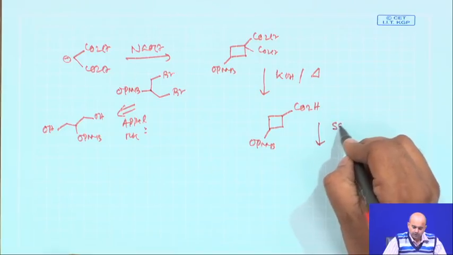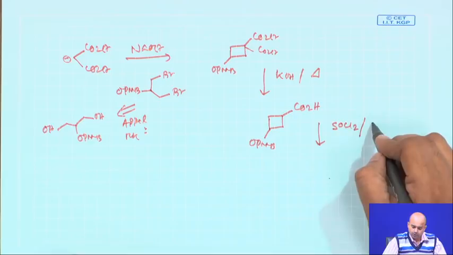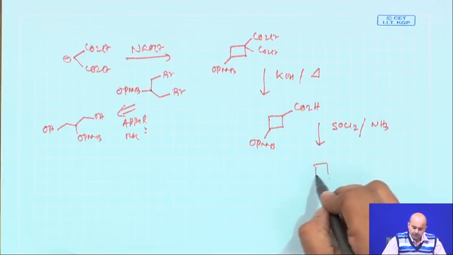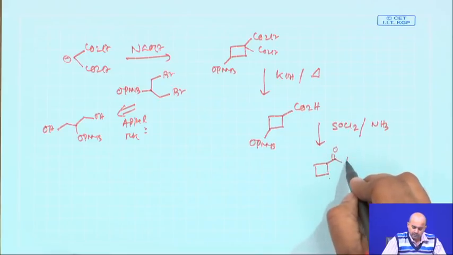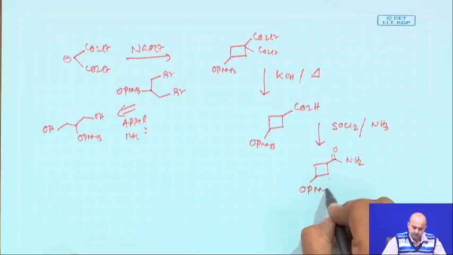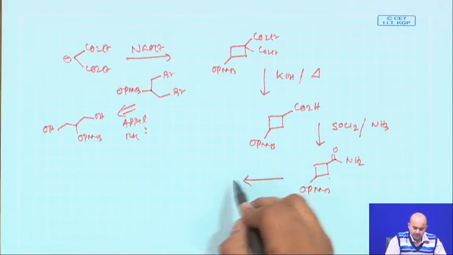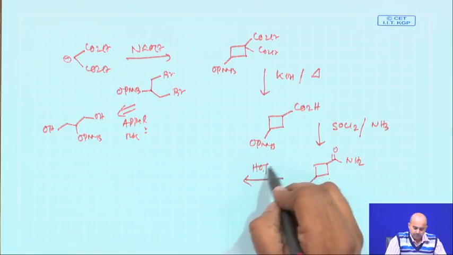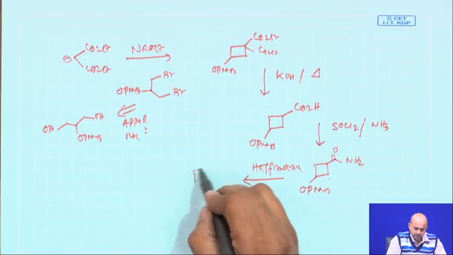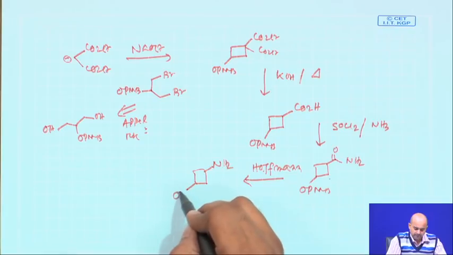So, what you do? You convert this carboxylic acid to the corresponding acid chloride by treatment with thionyl chloride, and then ammonia treatment will give you the corresponding amide, and then you do the Hofmann rearrangement, that will give you the corresponding amine.